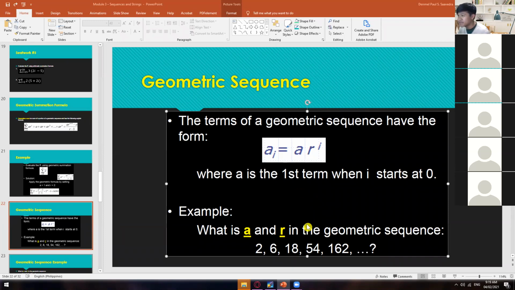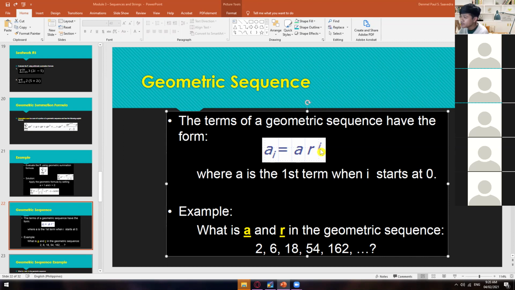R is not our last term. Basically, this is just our multiplier for you to be able to get the next term. For example, you have raised to 0, right? So this is your first term, which is 2. So 2 times 3, we put 3 here since this is the multiplier.